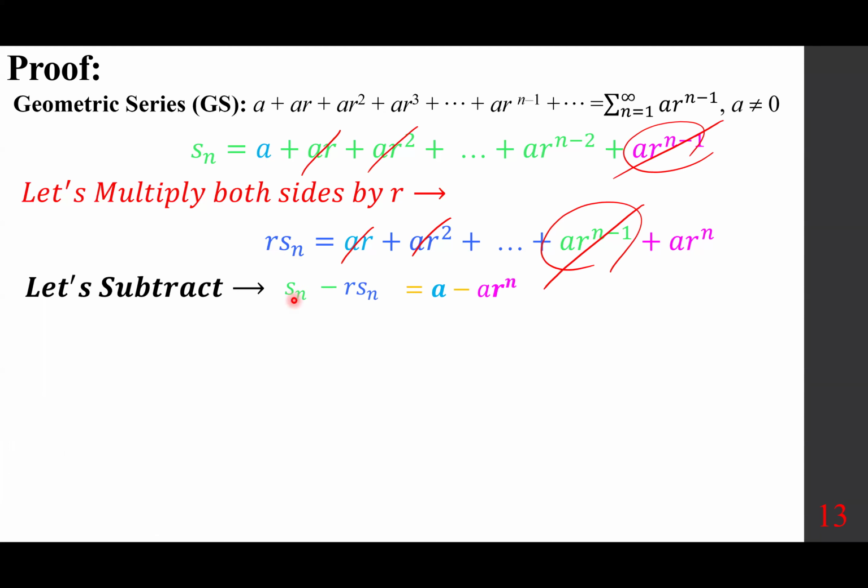Left side, we factor out s sub n, 1 minus r. The right side, we factor out a. Since we are interested in s sub n, divide by 1 minus r, and that's a proof that the sum of the first n terms, or s sub n, it stands for the sum, is a times 1 minus r to the power of n over 1 minus r.